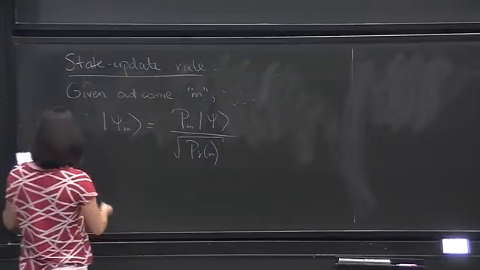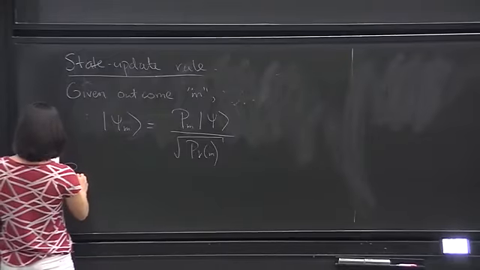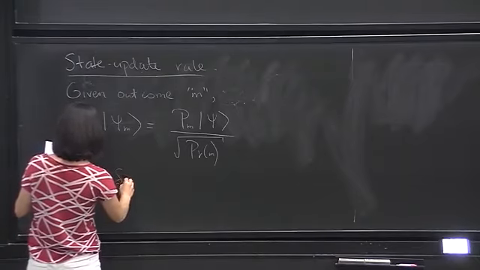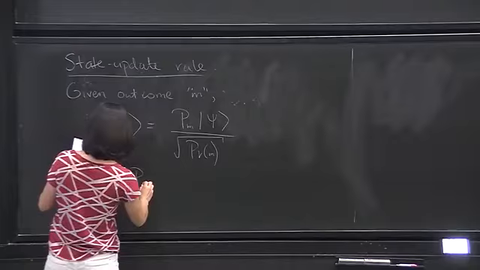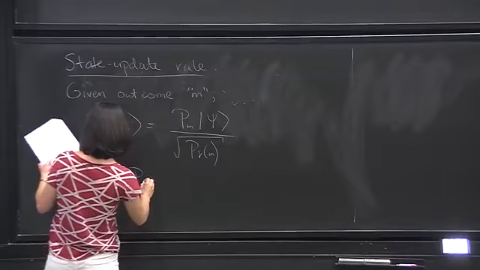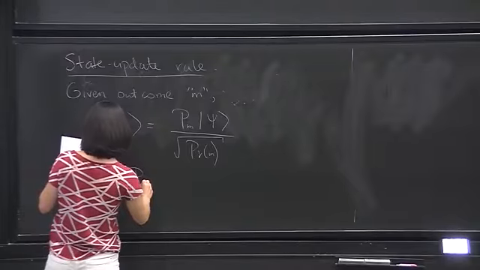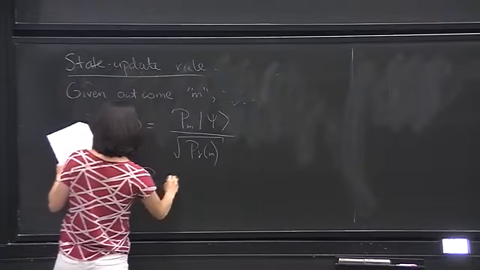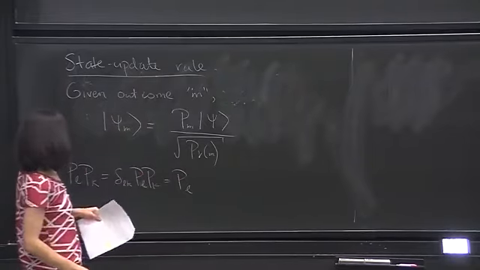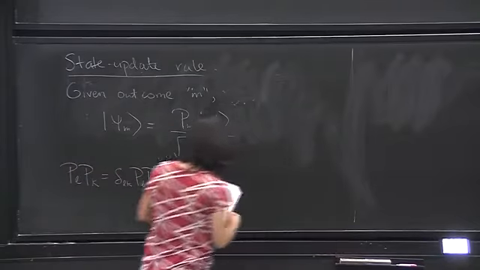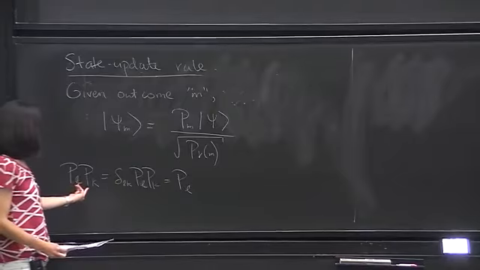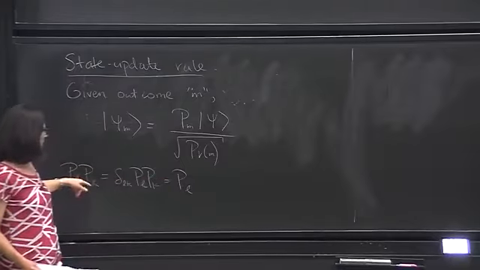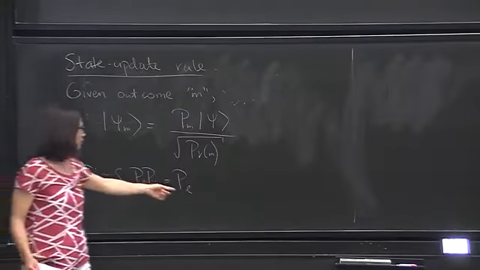And these projection operators satisfy this property: P_L P_K is equal to delta of K and L. Well, anyway, what I mean by this is that if the projectors are the same, then they satisfy this property called idempotence, which means that they multiply to itself.